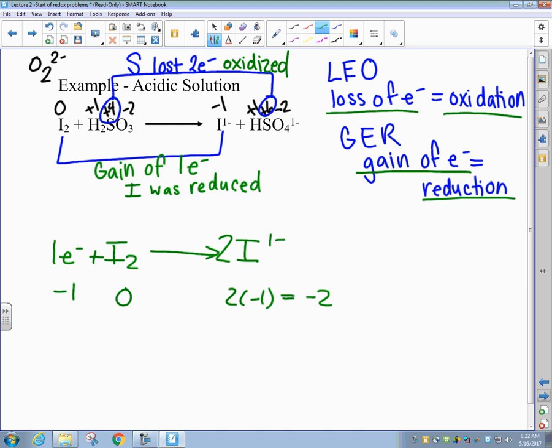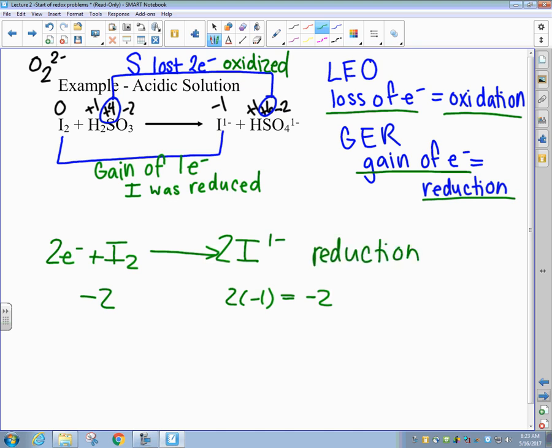In order to get the same charge on both sides, I need to change the number of electrons, and this should be 2 electrons. Now I've got a -2 charge on both sides of the equation. So atoms are balanced, charge is balanced. This particular reaction, where iodine is gaining electrons, is the reduction half reaction.